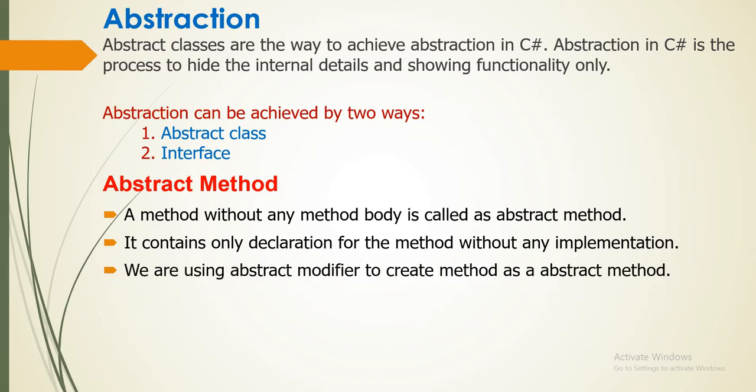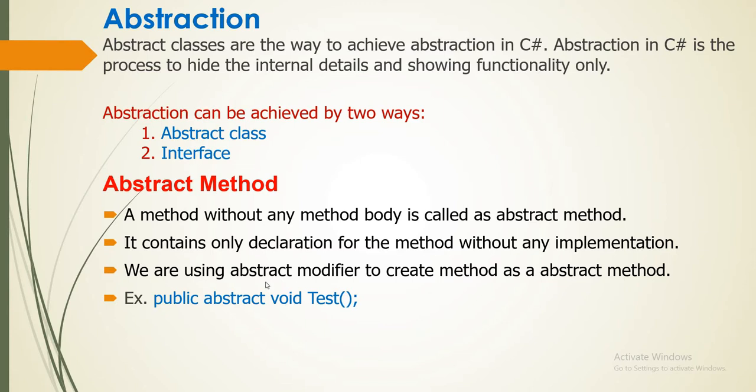We use the abstract modifier to create a method as an abstract method. So if I want to create an abstract method, we need to use the abstract modifier. An example of an abstract method is: public abstract void Test.